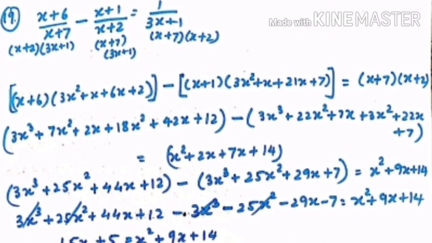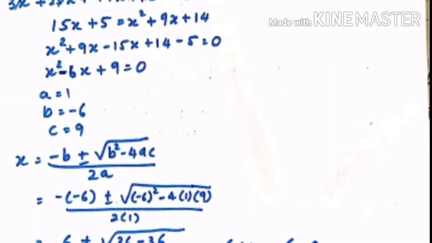You can see that left side separately and right side separately. So I get my final calculation, that is on the left side 15x plus 5 is equal to x square plus 9x plus 14. Now taking everything on the right side with one side and then taking like terms simplification, I get x square minus 6x plus 9 is equal to 0.